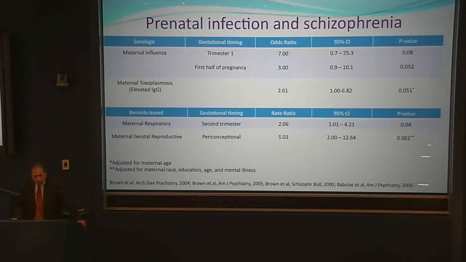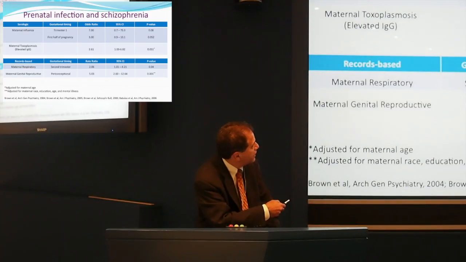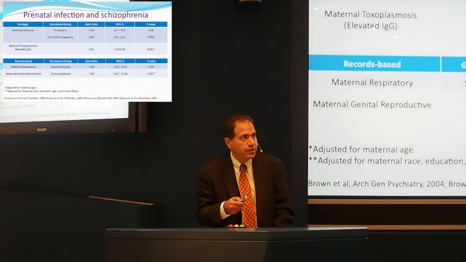In previous work, a highlight of some of our earlier studies in a California birth cohort, we've demonstrated that a number of prenatal infections are associated with schizophrenia. We found that maternal influenza in the first half of pregnancy was related to a threefold increased risk of schizophrenia, and elevated toxoplasma IgG to a 2.6-fold increased risk.